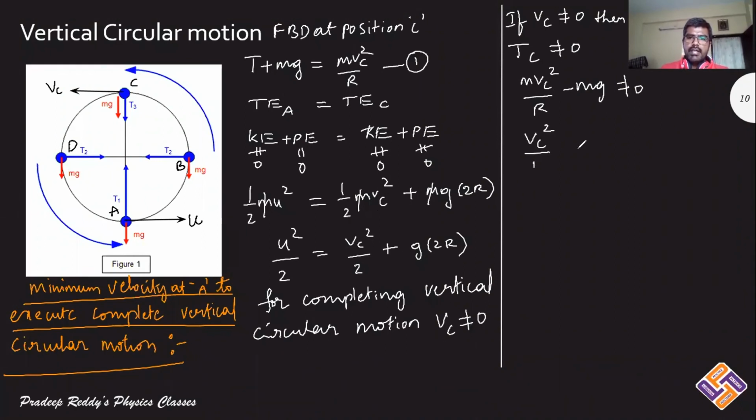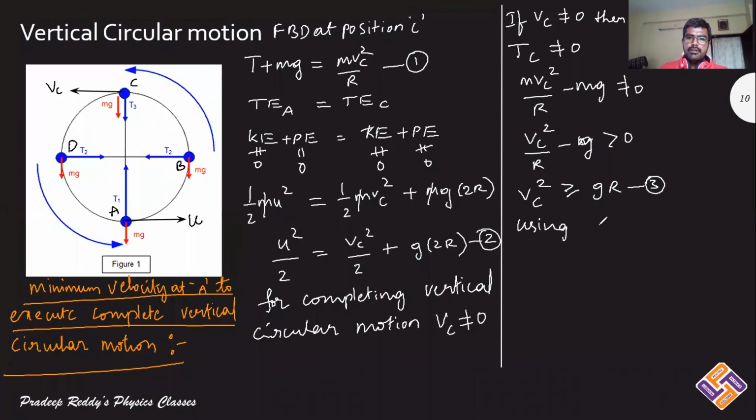Vc square divided by R minus g should be greater than 0, and Vc square should be greater than or equal to g times capital R. Let me take this as equation number 3. Now you can substitute this gR value of Vc square in equation number 2.